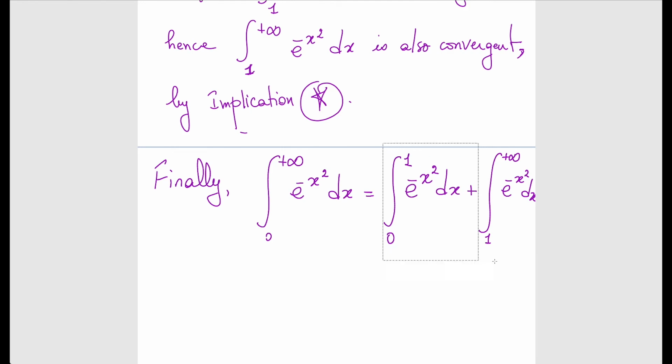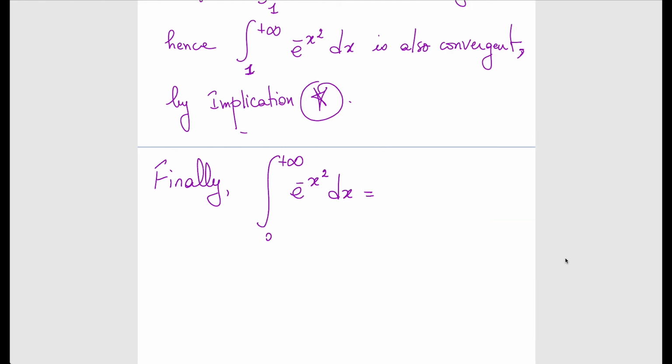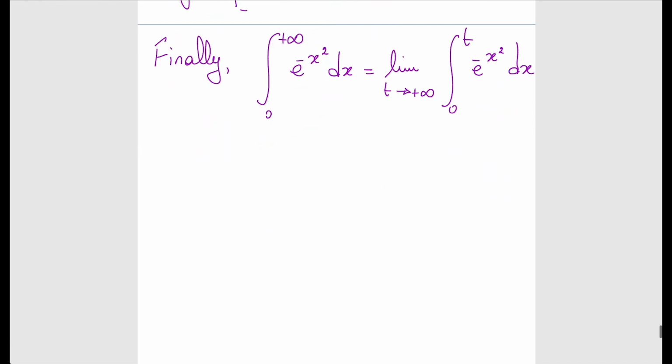So probably I should write all the details. Okay, so this is the limit as t goes to plus infinity, 0 to t, e minus x squared dx, right? And now let's pay attention just to this part. This part here is the integral from 0 to 1. If you take t sufficiently large, 1 is going to be before t, right?